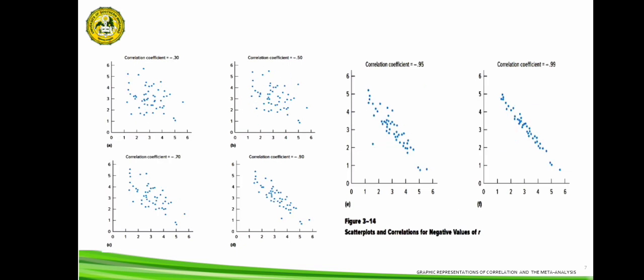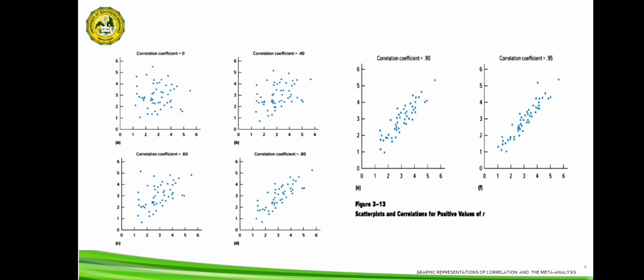The next, as we can notice here, we also have a pattern, but the pattern is trending downward. That means that it has a negative correlation. So we can now distinguish the positive and negative correlation through the scatter plot.